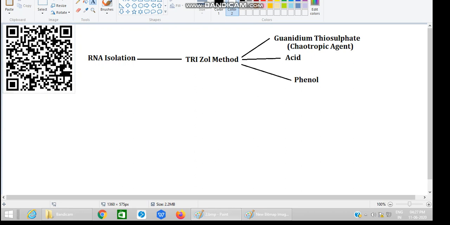In some western blotting and northern blotting and southern blotting also, you use urea-containing gels. Urea is chaotropic in nature. It will destroy several kinds of bonds, and therefore it will destabilize the protein as well. Then there is an acid which acts to alter the pH, and then phenol which will provide an organic solvent.